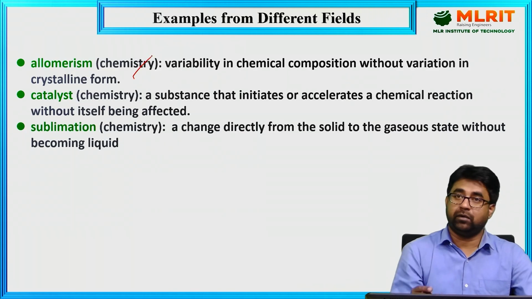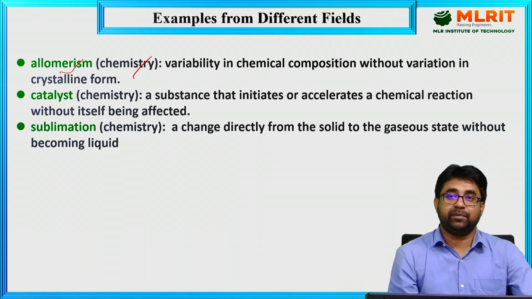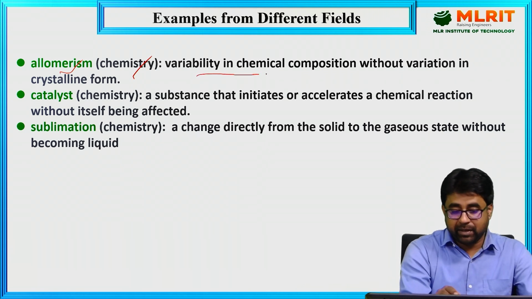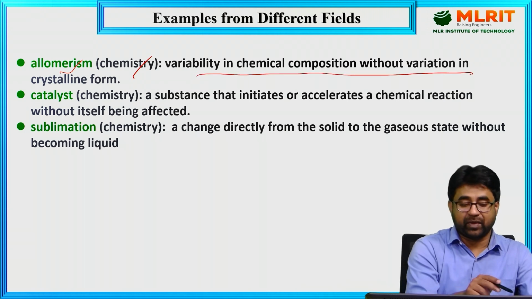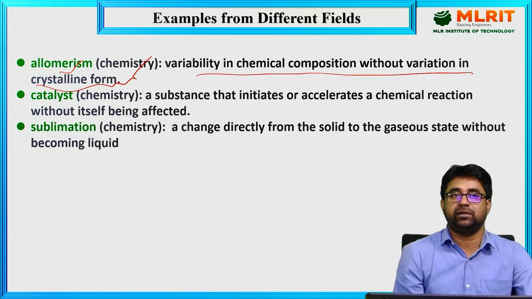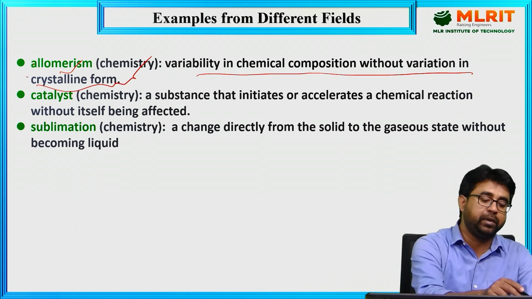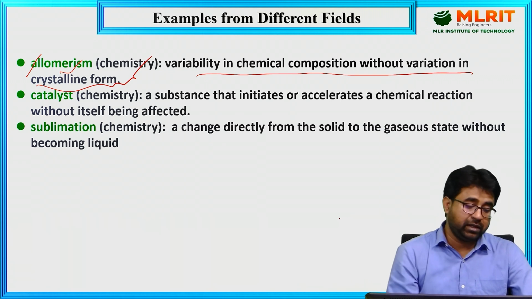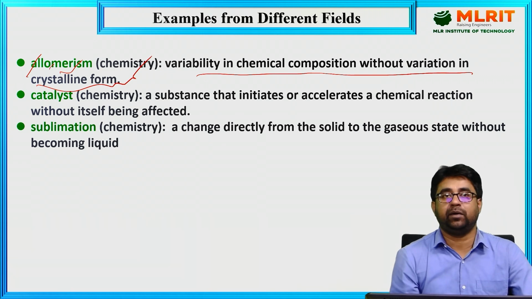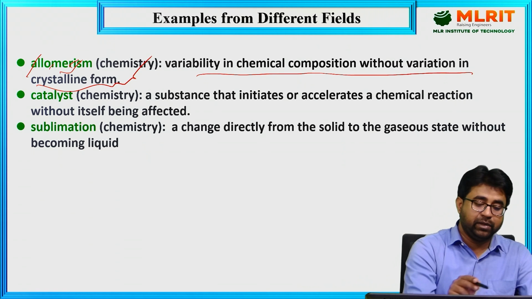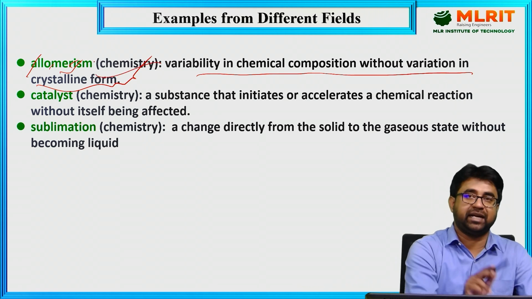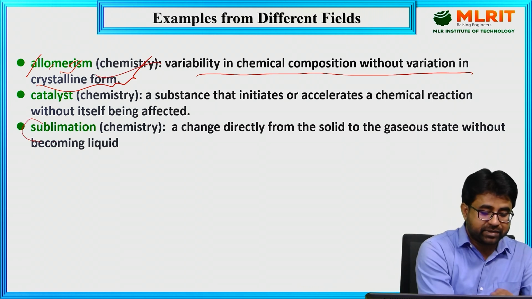Chemistry. Oh, allomerism. What is the meaning of allomerism? Variability in chemical composition without variation in crystalline form. Now this is called allomerism. People who are familiar with chemistry will easily understand the meaning of this particular word. It is used in the field of chemistry, so it's a technical vocabulary. What is the meaning of sublimation?